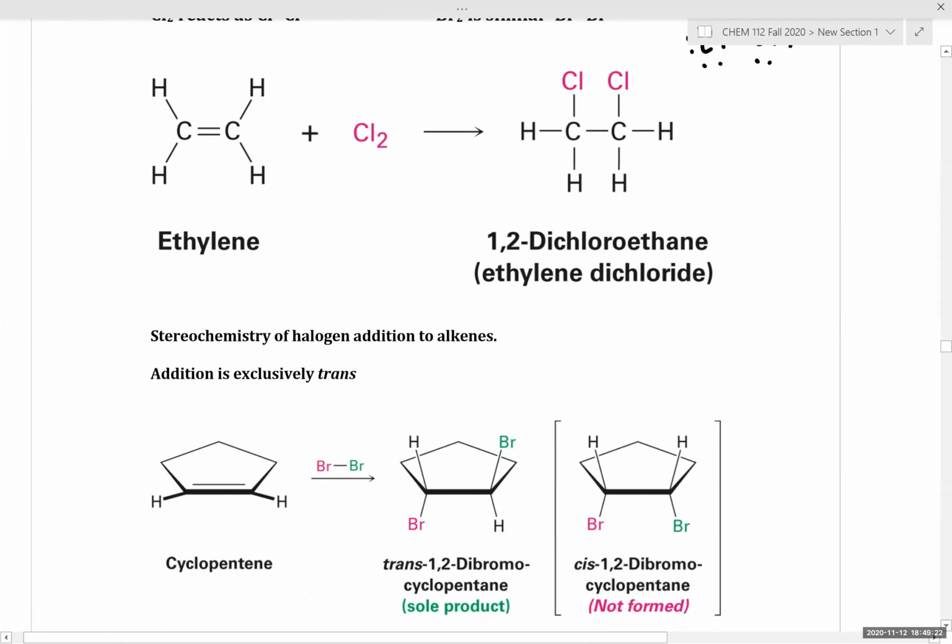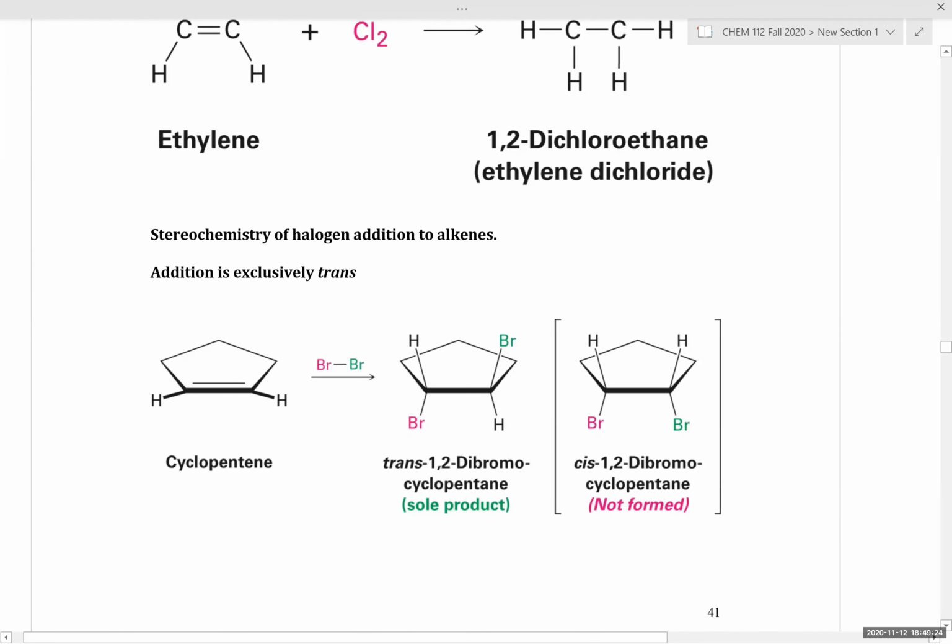Now, when we think a little bit about the stereochemistry, and this is really important, the stereochemistry of halogen addition to alkenes, the addition occurs exclusively in a trans arrangement, where we only observe the product that involves trans dibromination.